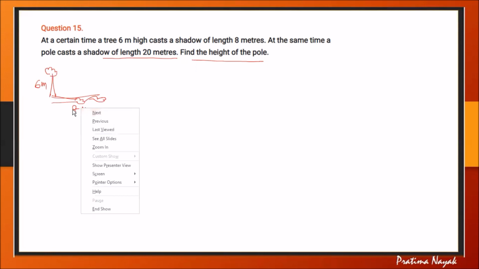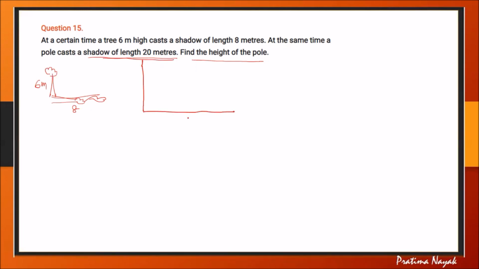Now the question is, if a pole casts a shadow of 20 meter, then what will be its height? This is the pole, this is its shadow. Shadow is always horizontal on the floor, on the earth.